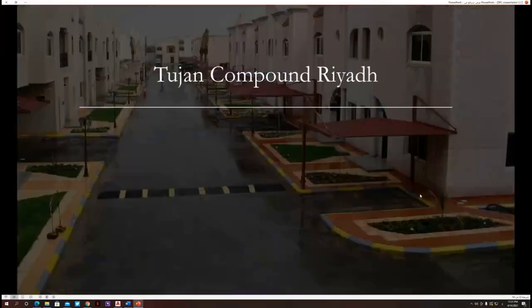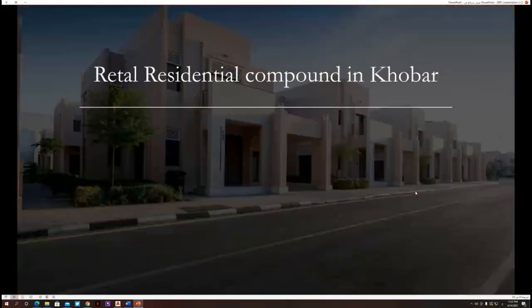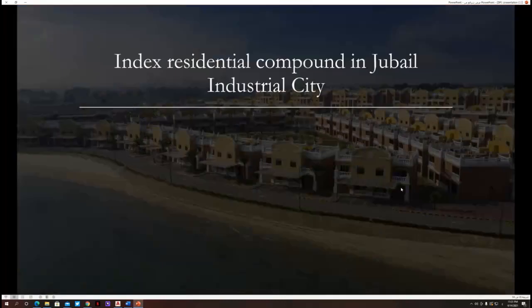This is the Tujan compound in Riyadh, this is Rita residential compound in Khobar city, and this is Index residential compound in Jubail industrial city.